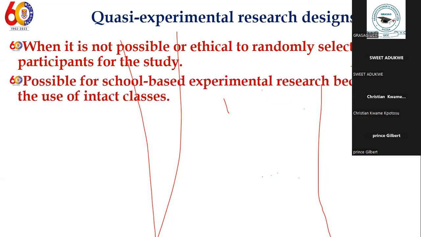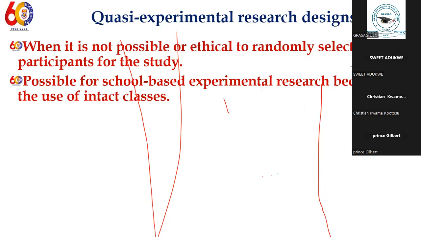Again, why do we do quasi-experimental designs, or why would someone say, I want to use this design? This design is possible for school-based experimental research because of the use of intact classes. Those that teach and those that do educational research will understand this better. Intact classes means that when I go into these schools, we have courses that we run at all those schools.